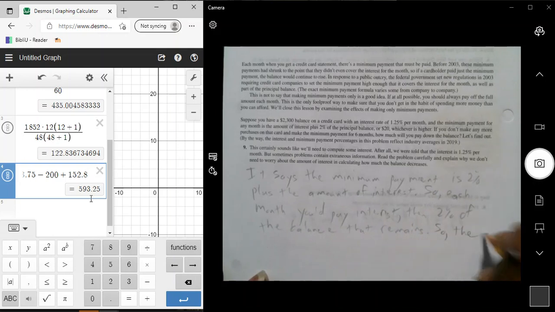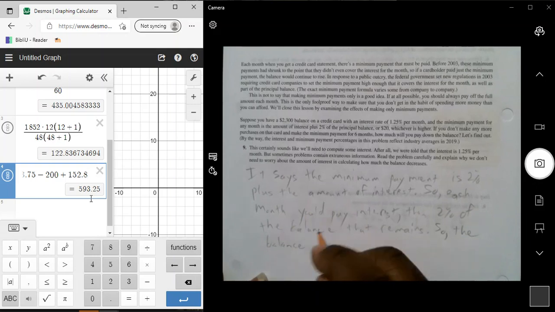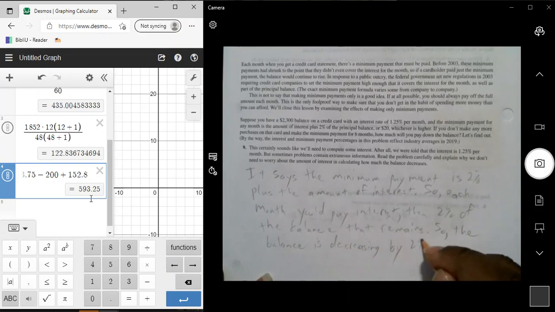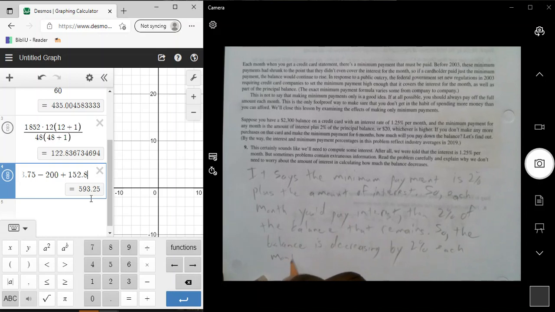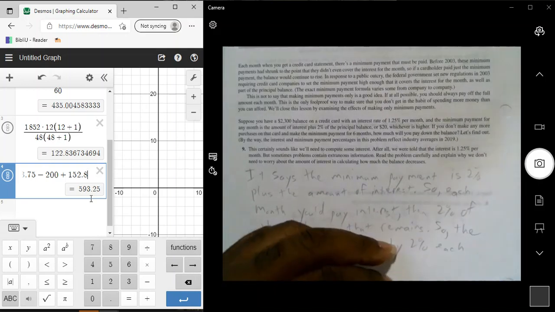So the balance is decreasing by 2% each month. It's not that much, but it's still something that it is decreasing.